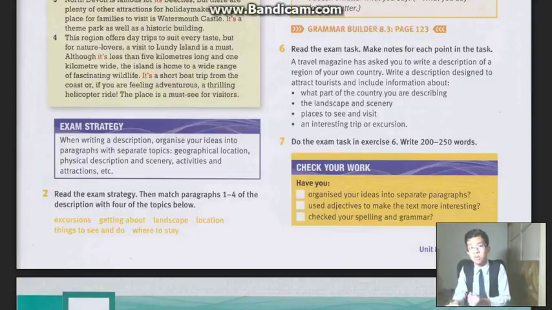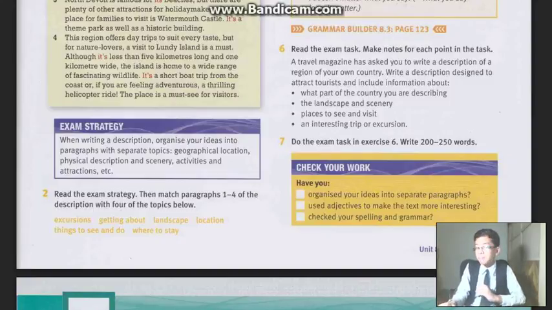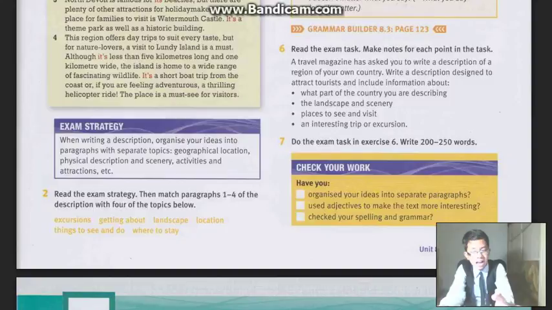So it may look attractive and attract tourists, visitors. Alright. So remember, first you write on a piece of paper. Then you choose the ideas that you put in the description. Then you decorate it, like I've told you before. Then, after you finish, remember to check.